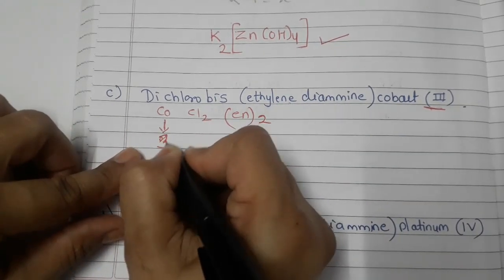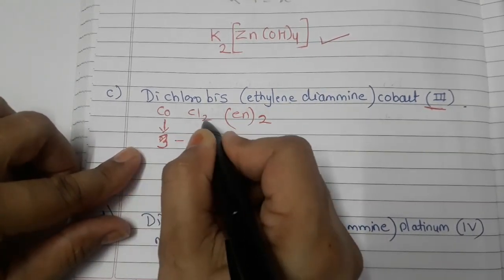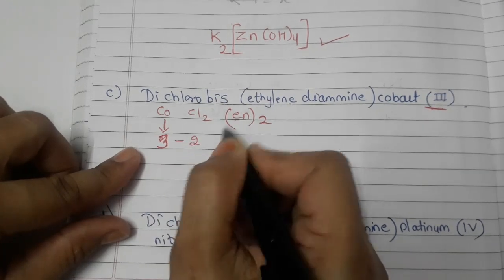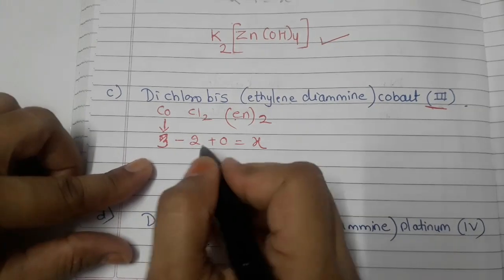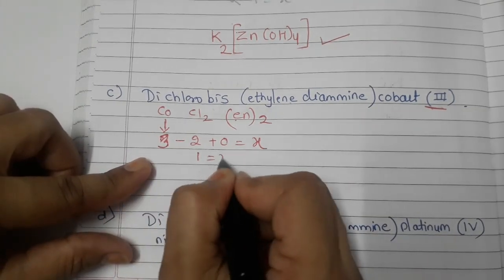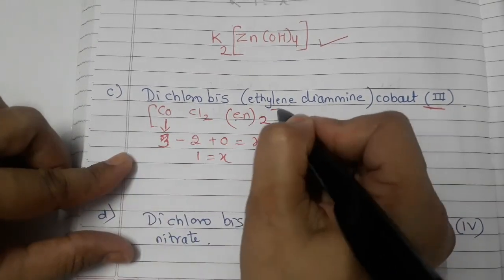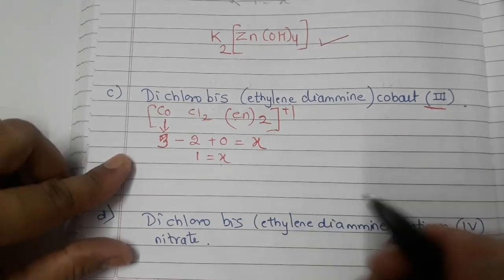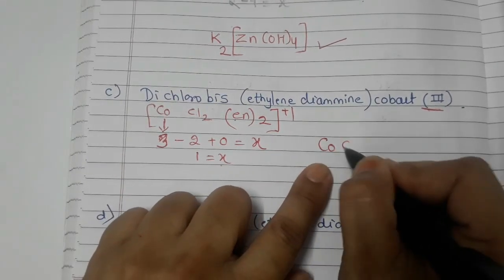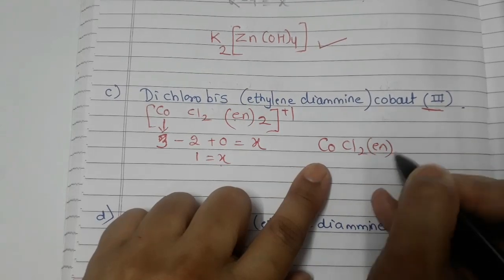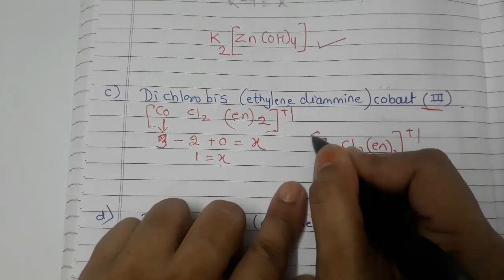I know this is 3. Chlorine is minus 1 into 2, minus 2. This is a neutral ligand, so I'll write 0 is equal to x. Fine. Now when you solve this, 1 is equal to x. It means on this entire complex the charge is plus 1. Okay, so the answer is [CoCl2(en)2]+1.